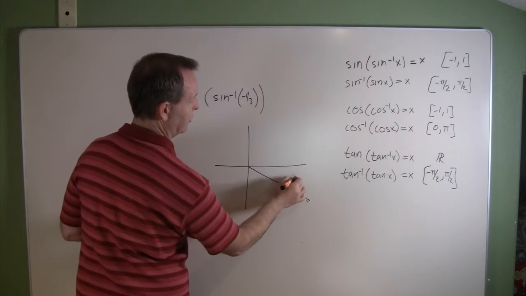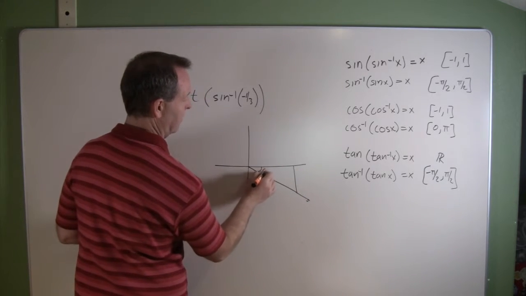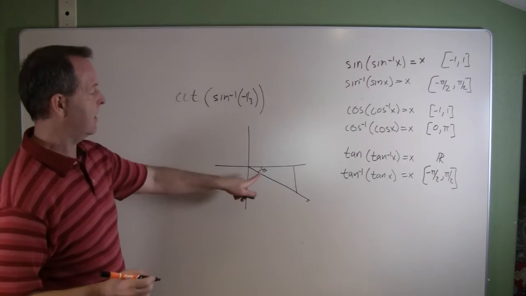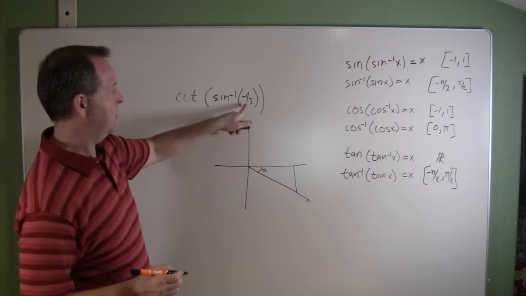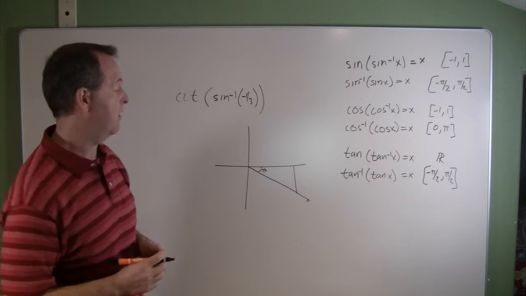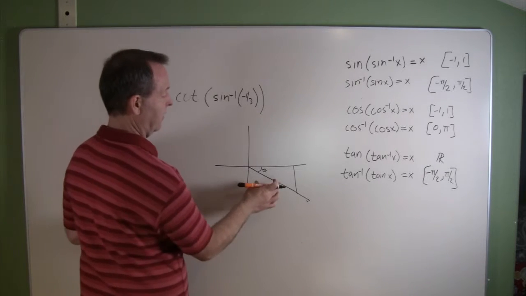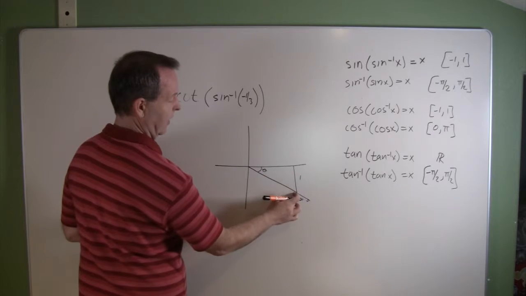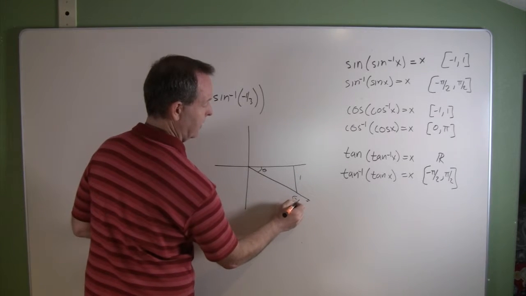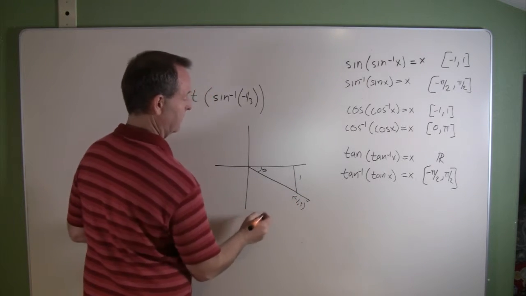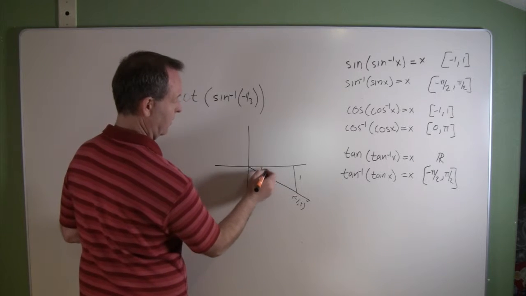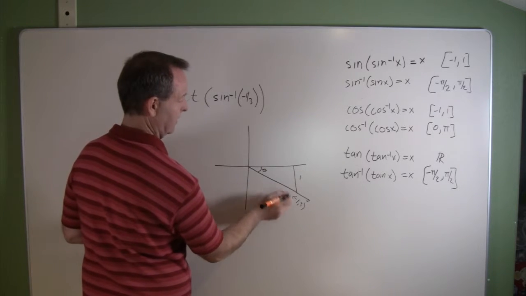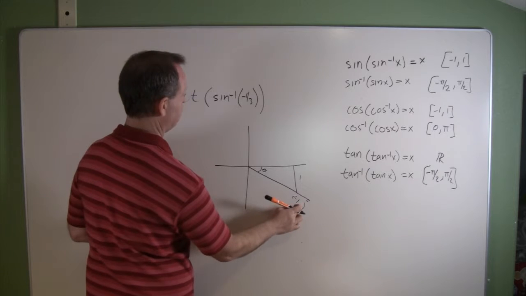Basically, I'm creating a right triangle with some angle theta, and that's what I'm asking: whose angle produces a -1/3? Here's my distance of 1, and it goes down.